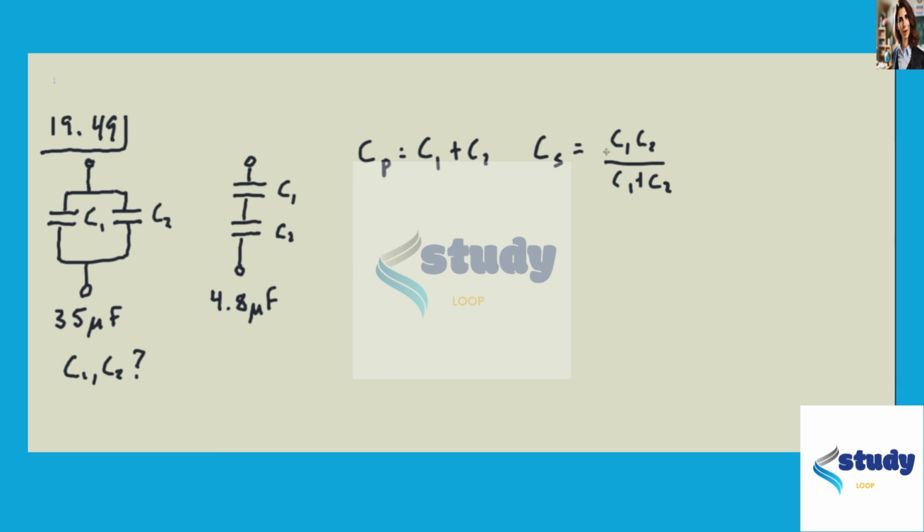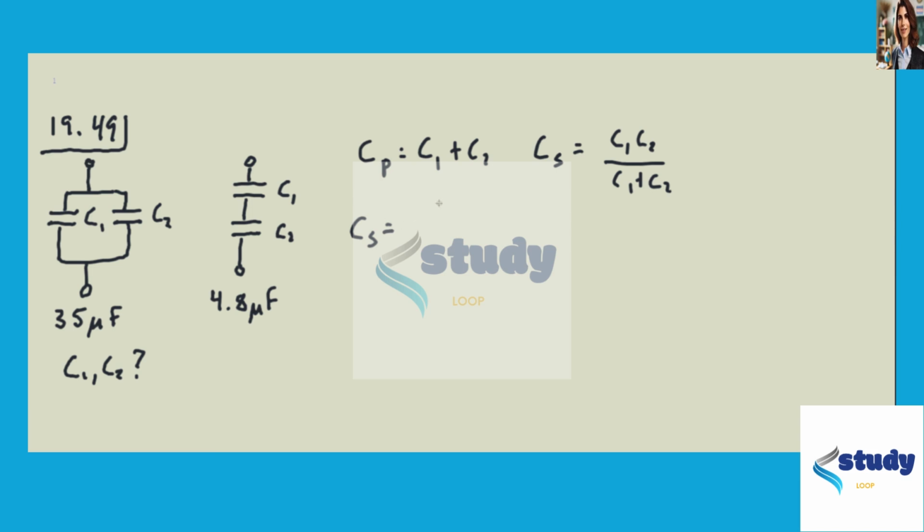So, looking at this, we can see that in the series capacitance, we can put in Cp here. Maybe a little more useful actually is rewriting C2 as Cp minus C1, because that gets rid of C2 from this equation.